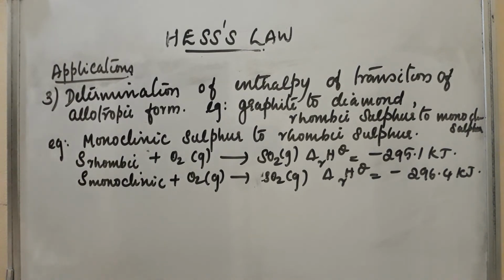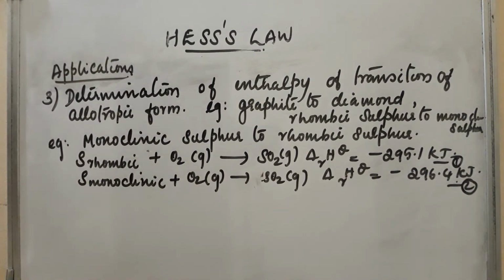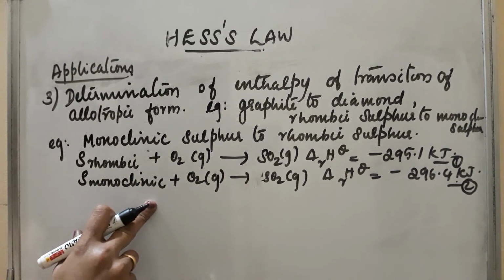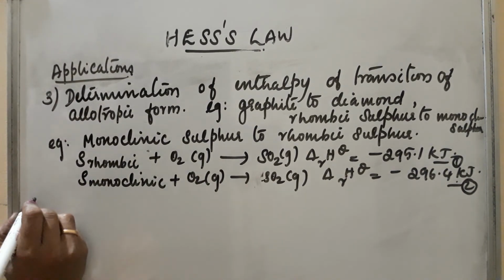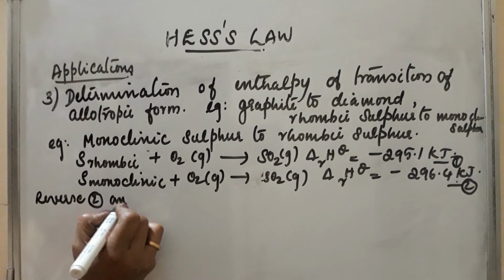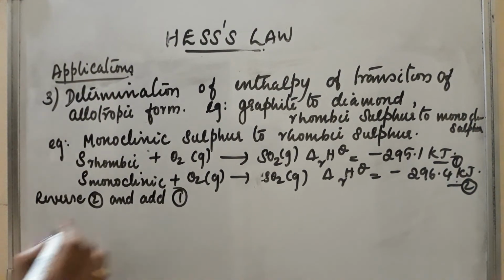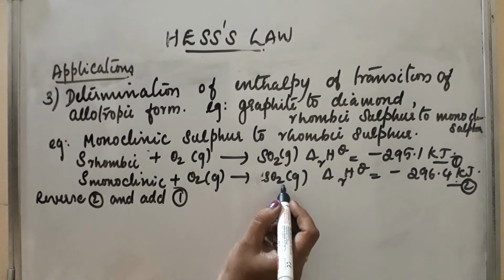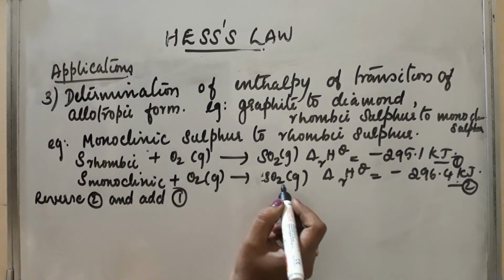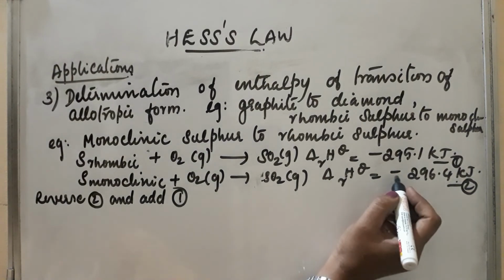Let us take this as 1 and this as 2. First we reverse equation 2 and add it with 1. So this gets reversed: LHS becomes RHS, RHS becomes LHS, and the sign changes to plus.